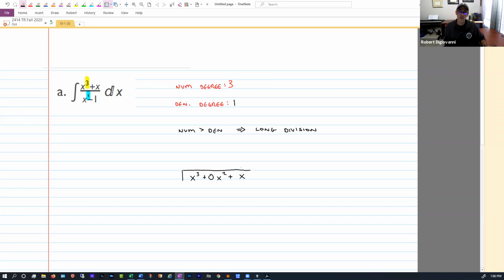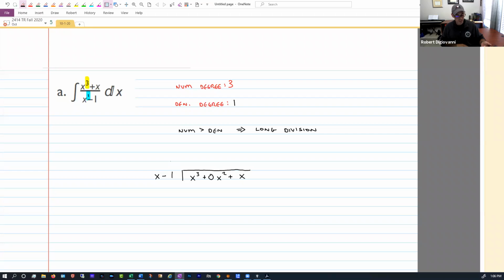Notice that I put a 0x squared in there. That's a placeholder. That keeps everything in order so that you don't accidentally get variables overlapping one another. And then on the outside, you put the denominator, the polynomial, in descending order. By the way, both of these have to be in descending order. So highest power of x, and then you just work your way left to right.